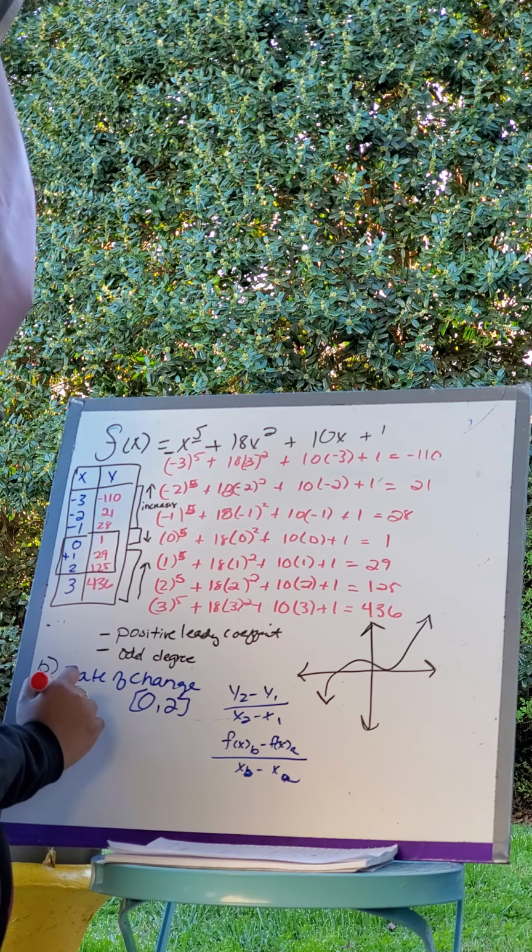So I'm going to put it into the formula, whichever way you want to look at it. So let's do that. 125 minus 1 over 2 minus 0. So that gives me 124 over 2, which is equal to a rate of change of 62.